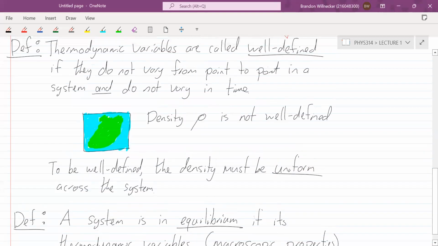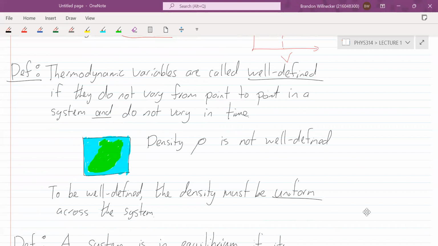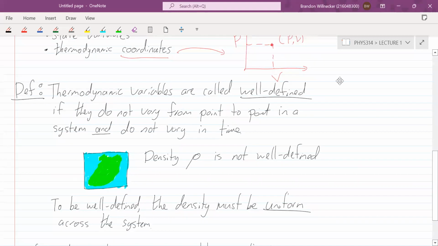Okay, so for example, this system over here, you might have uniform pressure, uniform energy, and so on. But since the density is not uniform, the system as a whole is not well-defined.